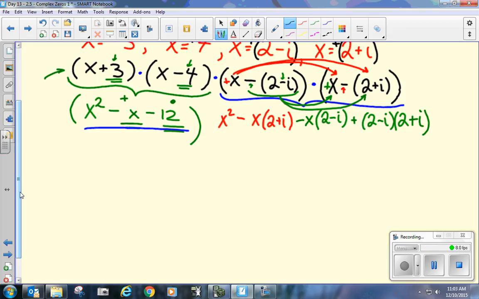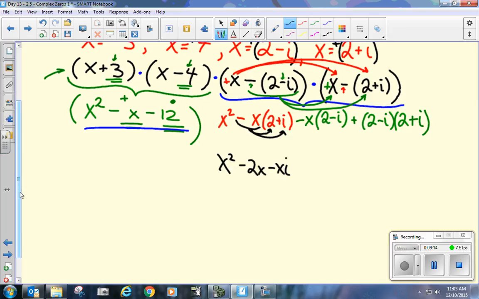So let's clean this up. We have x squared. I'm going to take this negative x and distribute it in here. So what am I going to get? Negative x times 2, negative 2x. Negative x times i, negative xi.